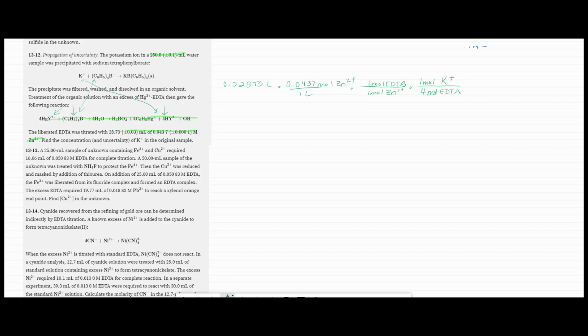So now we can calculate how many moles of potassium were in the original sample. And I get 3.1387, and it keeps going, times 10 to the negative 4 moles of potassium. The question was, what is the concentration? So we then need to divide this by the volume, the 250 milliliters.